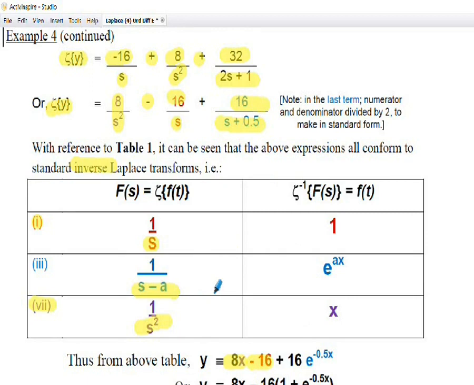And then the last format is for the last fraction, the 16 upon s plus 0.5. Now notice the 0.5 is positive, but the standard form says a negative a, so our a in this case will be negative 0.5. So in that standard form I will get e to the ax, e to the minus 0.5x, and then of course I have to factor by the 16. All I've done on the next line is factorise out the 16.